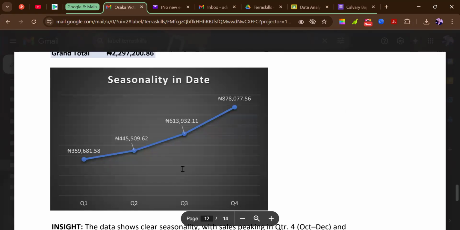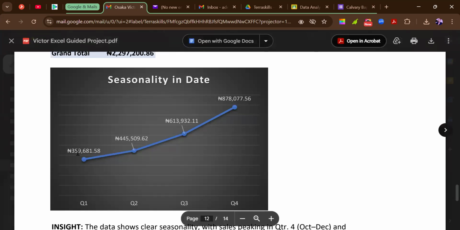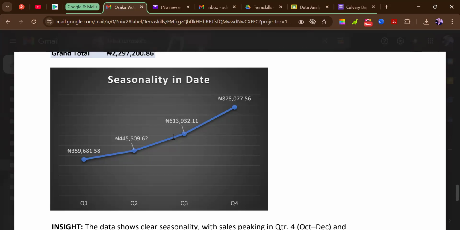Yes, I like this. This makes sense. The seasonality makes a lot of sense, and this is what I'm talking about when you have line charts, putting proper data labels into them. You can see this is a straightforward chart, even a novice in that room will understand what is going on here.